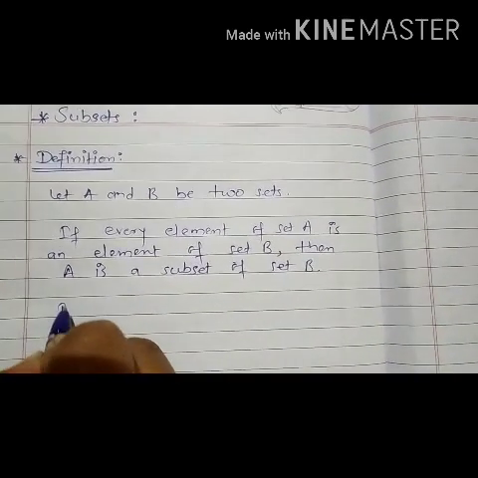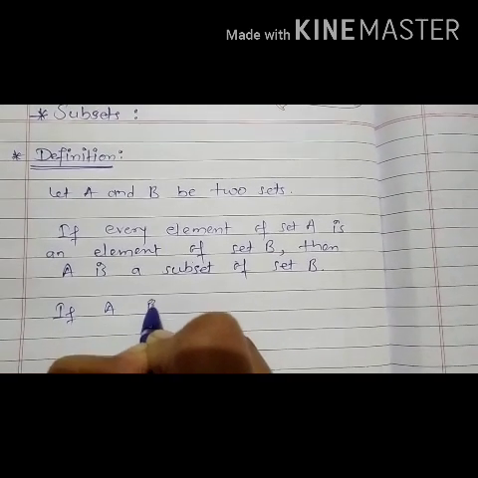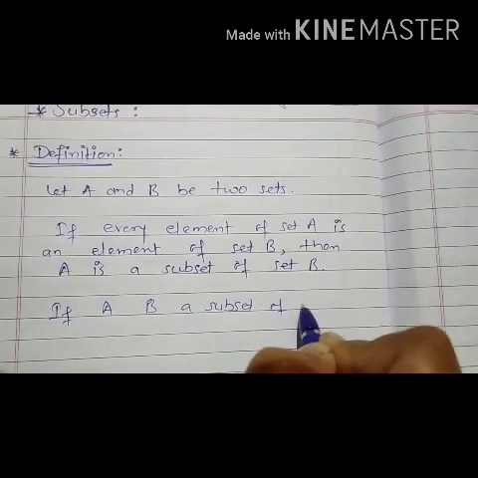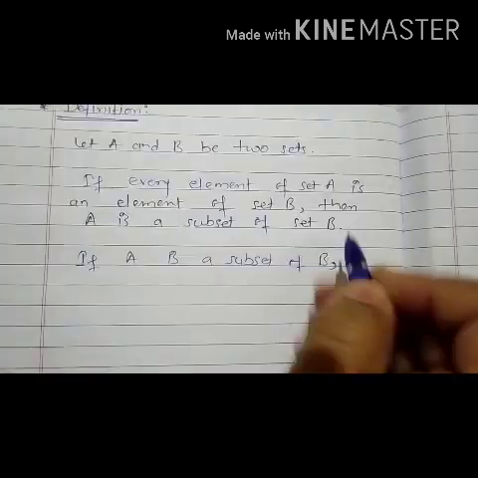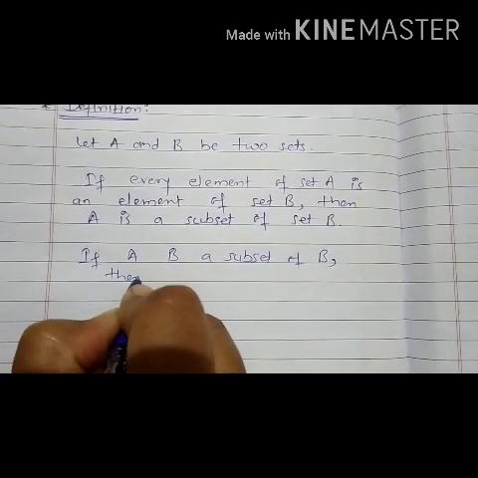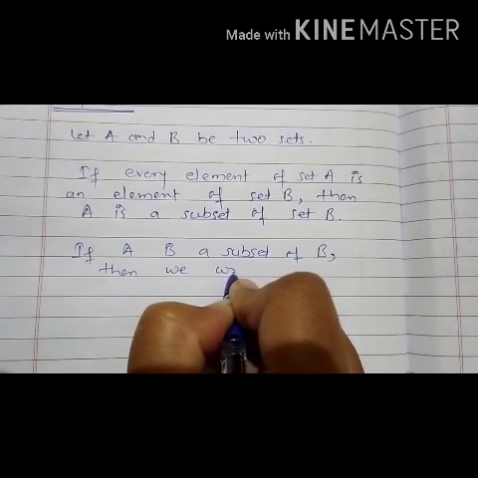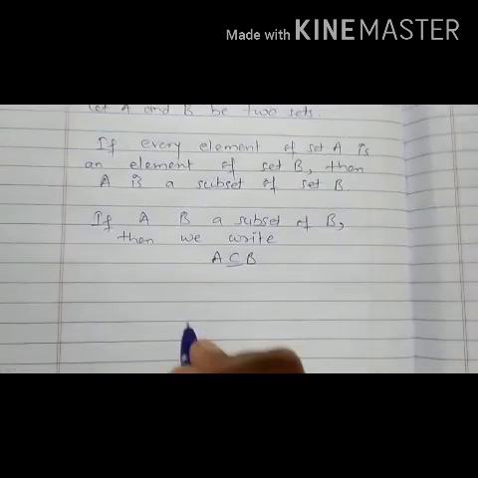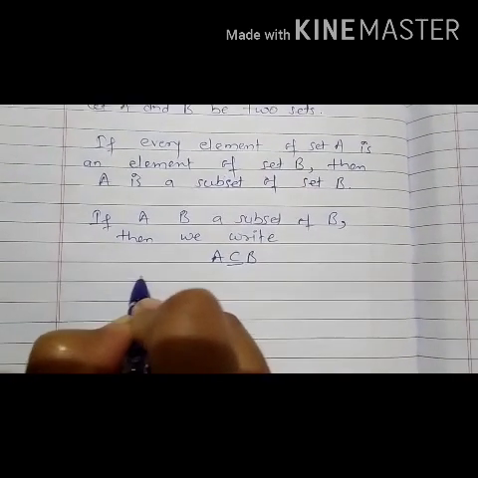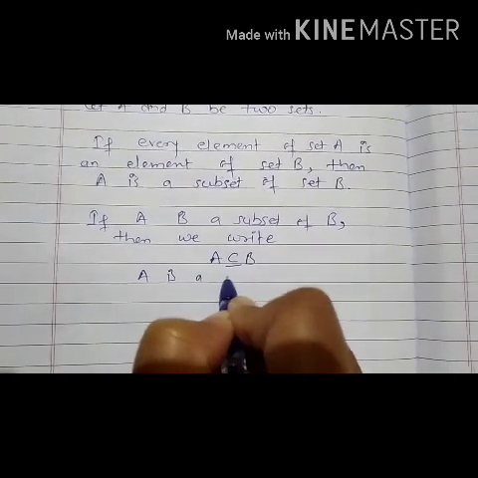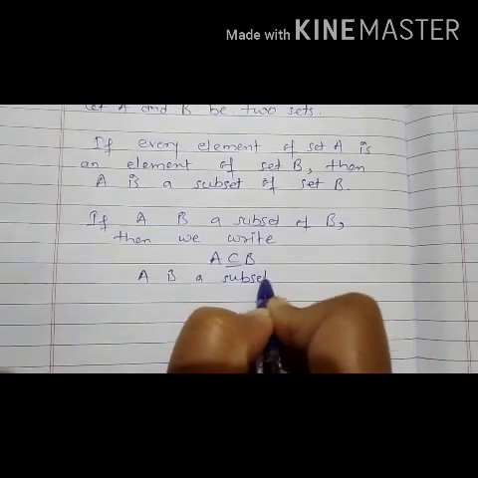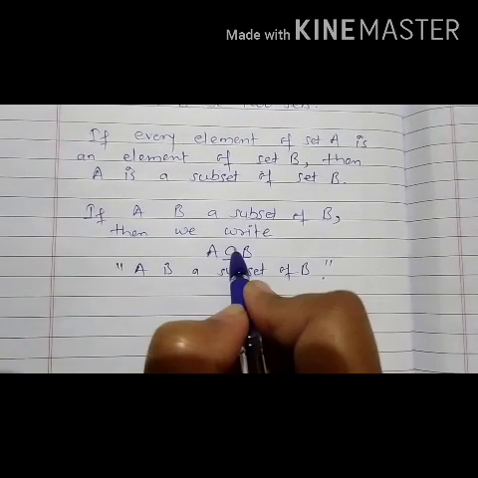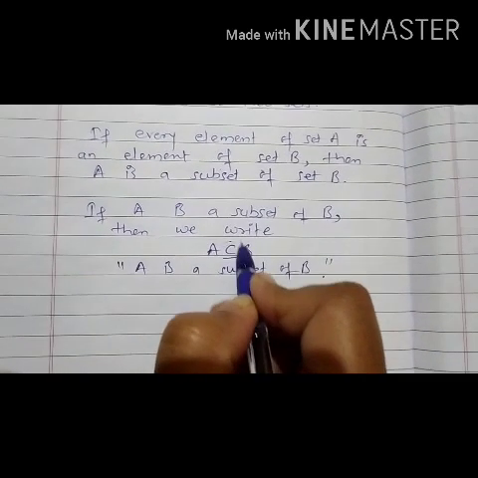Now, if A is a subset of B, then we write and read as A is a subset of B. Okay, now this symbol we are using for subset.